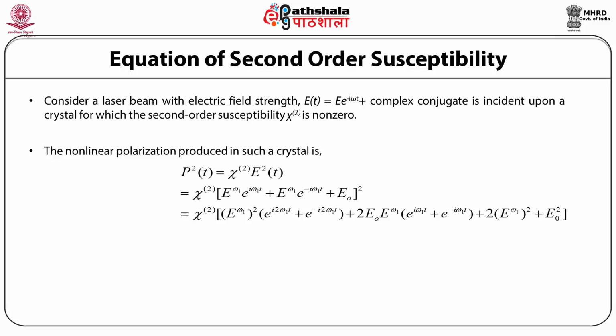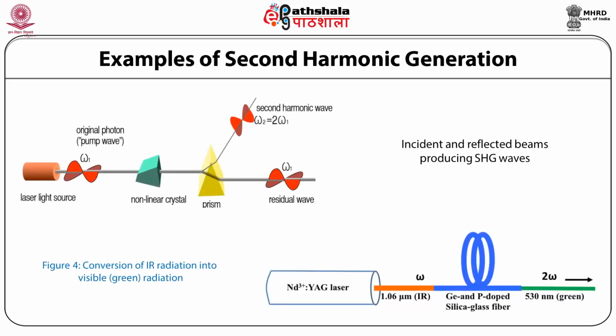The second term oscillates at ω and causes a variation in the refractive index in the medium. This is termed the linear electro-optic effect. This third term doesn't oscillate and is a conversion of the oscillating field to a static field, and is known as optical rectification.